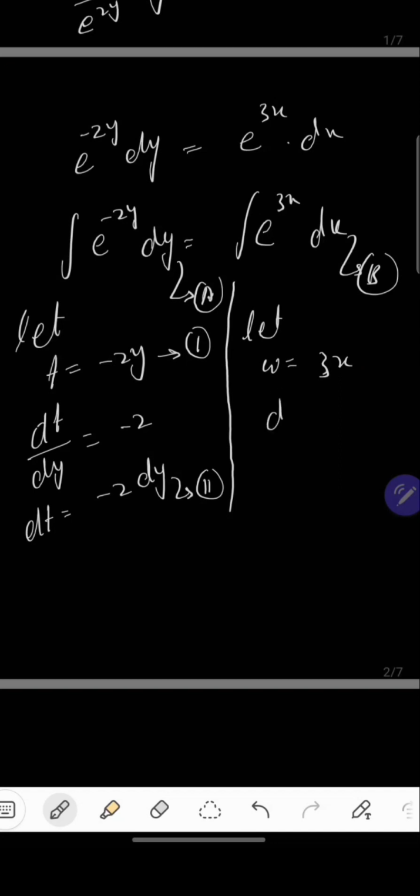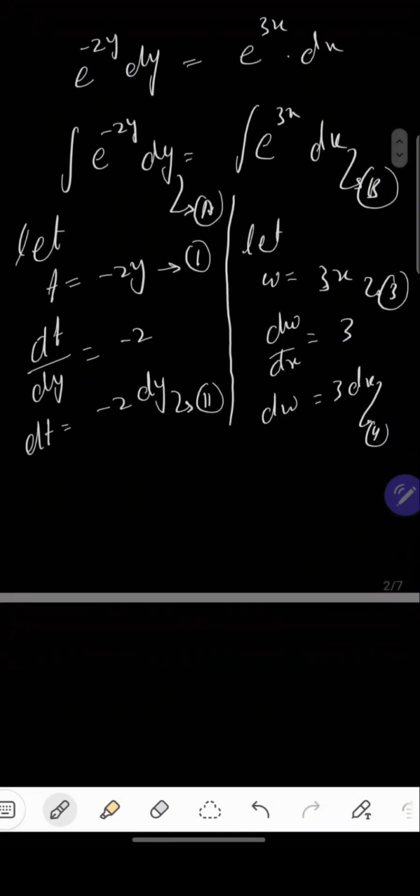Let's apply the derivative to w with respect to the x variable on both sides, and we will get on the right side only 3. Here also it is the same, shift the dx to the right side and we will get 3 dx, and let's call it equation number 4, and let's call the previous one equation number 3.